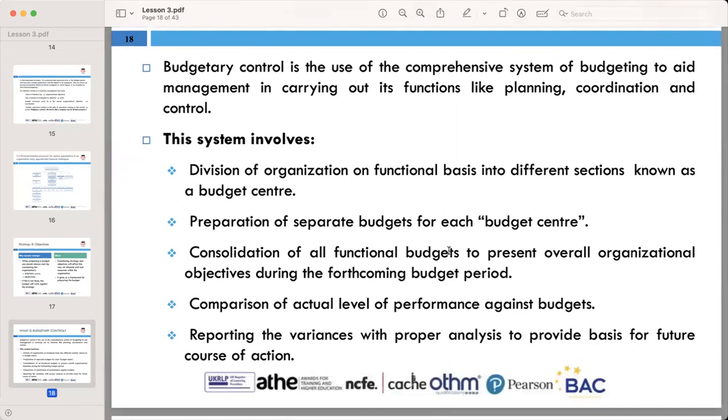So preparation of separate budgets for each budget center, such as sales, production, cost of production, purchases, personnel, capital expenditures, and cash budget.